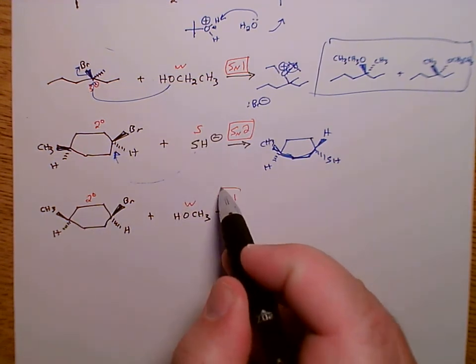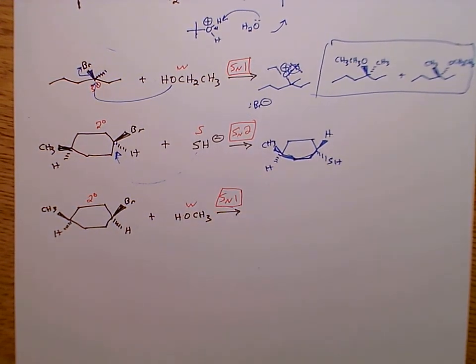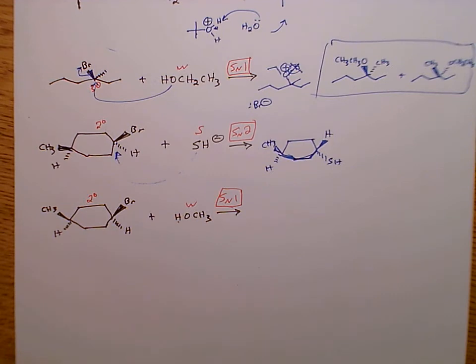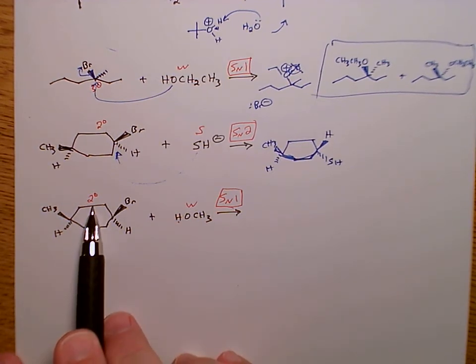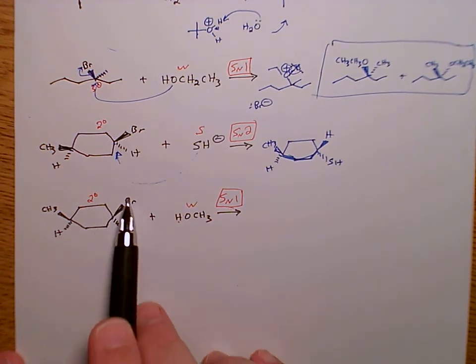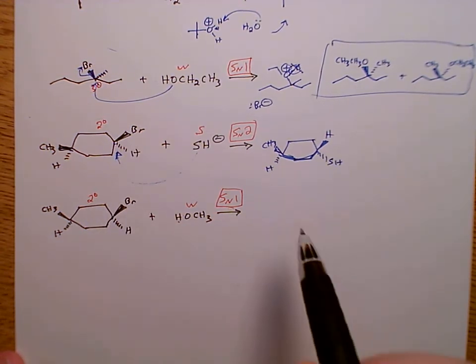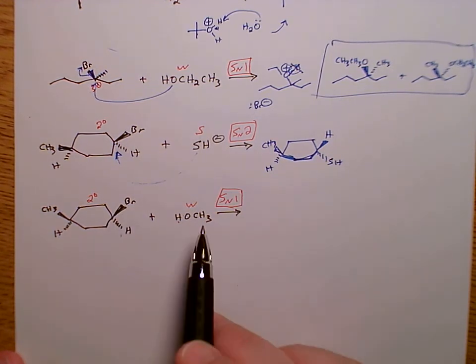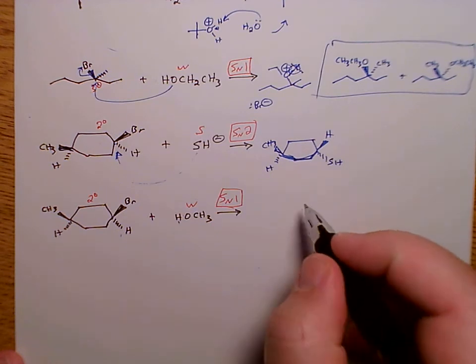Secondary weak, SN1. Note we've got this hydrogen on here, which means we're going to get a deprotonation reaction at the end. Hopefully at this point you can see, all right, secondary can do SN1 or SN2. Because it's weak means SN1. Because we see our stereochemistry means we're going to get a mixture of our 2 isomers, the cis and the trans, and we're going to deprotonate this at the end.